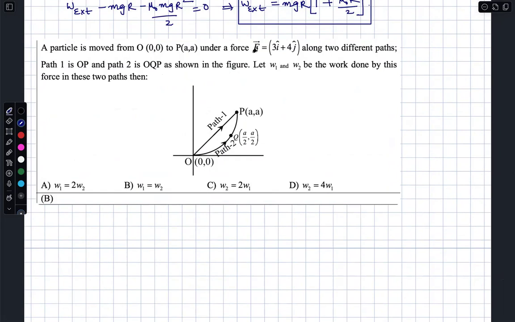What is the nature of the force here? What is the significance of this force? This is a uniform and constant force. I told you at the beginning, if it is a constant force, uniform and constant, both direction-wise and magnitude-wise, this is a conservative force.